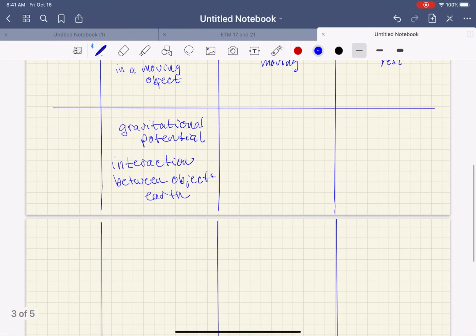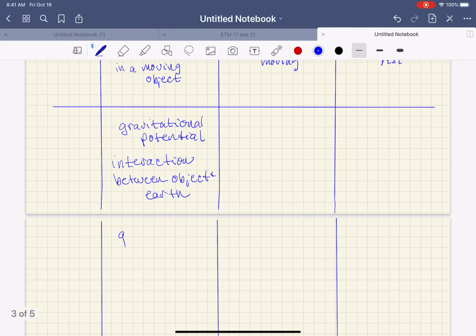A lot of people like to say it's stored in the gravitational field, which is just the area around the earth where you feel the force of gravity. Its symbol is E again with a little g. It is present when the object is above a reference point.